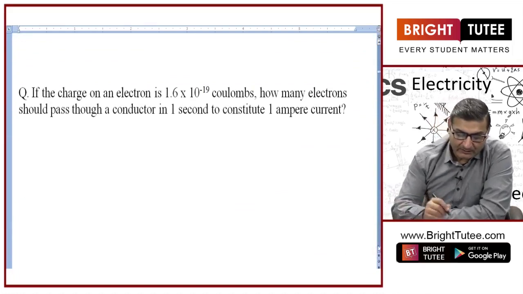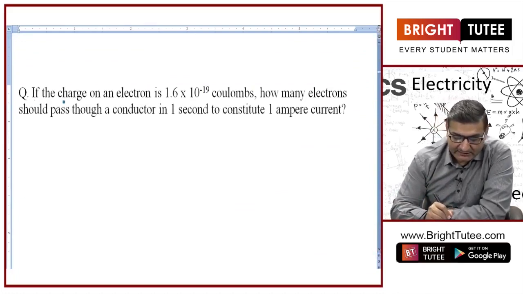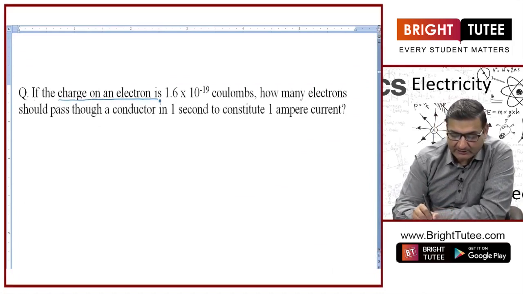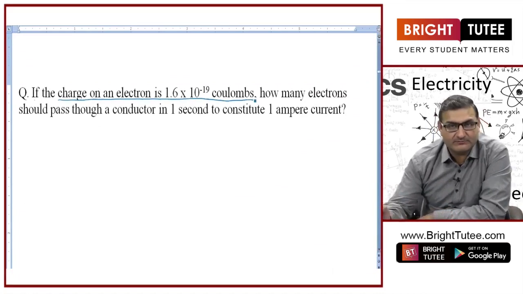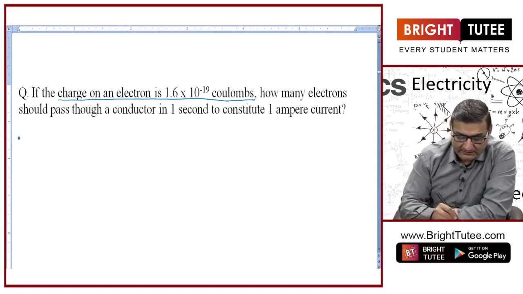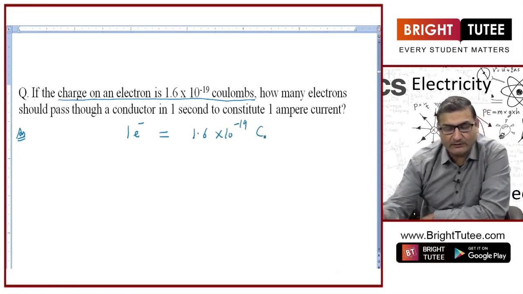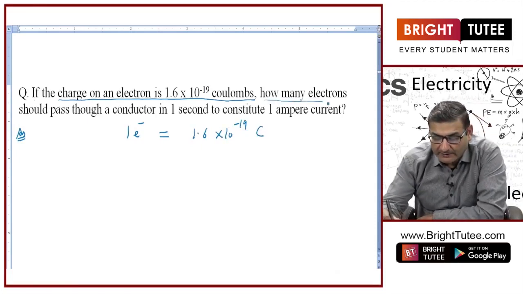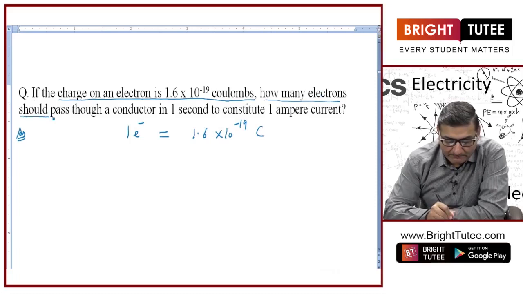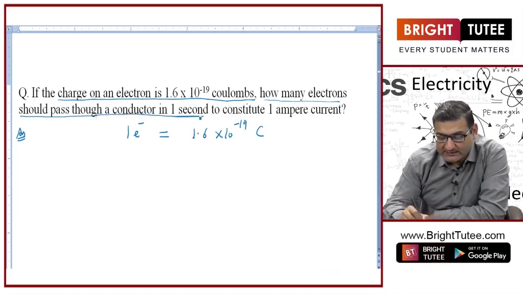The question says, if the charge on an electron is this many coulombs, that we already know. So what we are given is, one electron carries the charge 1.6 into 10 to the power minus 19 coulombs. How many electrons should pass through a conductor in 1 second?